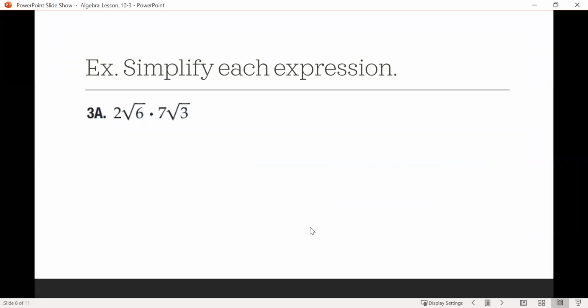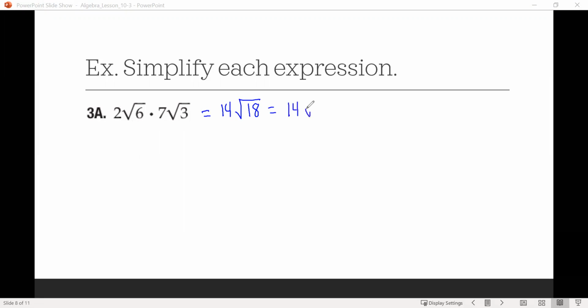All right, so here we have 2 radical 6 times 7 radical 3. So we'd multiply what's in front of the radicals. 2 times 7 is 14. And then what's underneath the radicals, 6 times 3 is 18, okay? And then 18 has a perfect square factor.